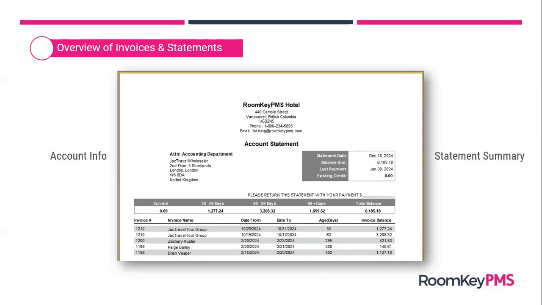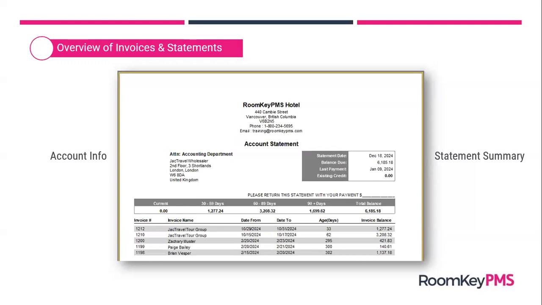Now, at the top of the screen on the left-hand side, we have the account info. So that's the contact information and maybe a specific contact person or department on behalf of that organization. In this example, this is a tour operator or a wholesaler. So we have their accounting department contact information in the account info.